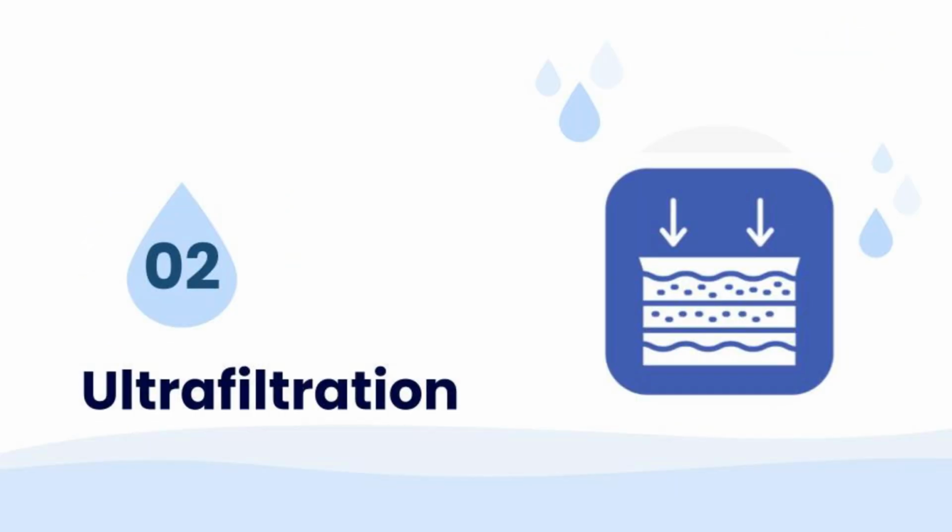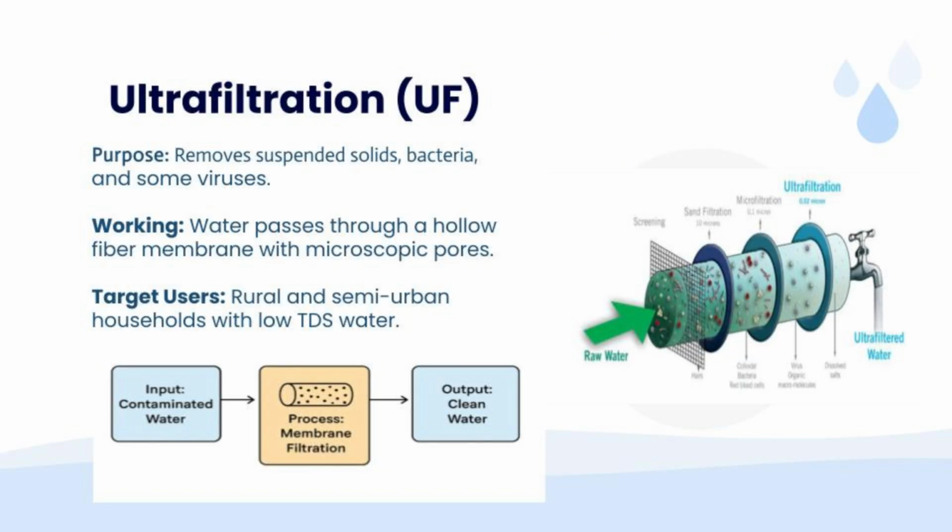Next, let's look at ultrafiltration, or UF. This method focuses more on microbial purification, removing bacteria, viruses, and suspended solids. Purpose: it's designed for water that isn't salty but may have visible or biological impurities. Working principle: water is passed through a hollow fiber membrane with microscopic pores, typically between 0.01 and 0.1 microns.